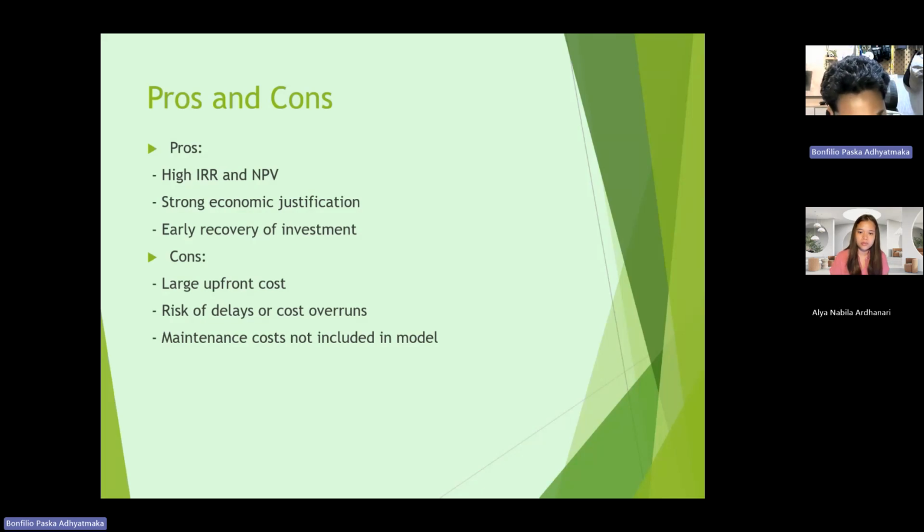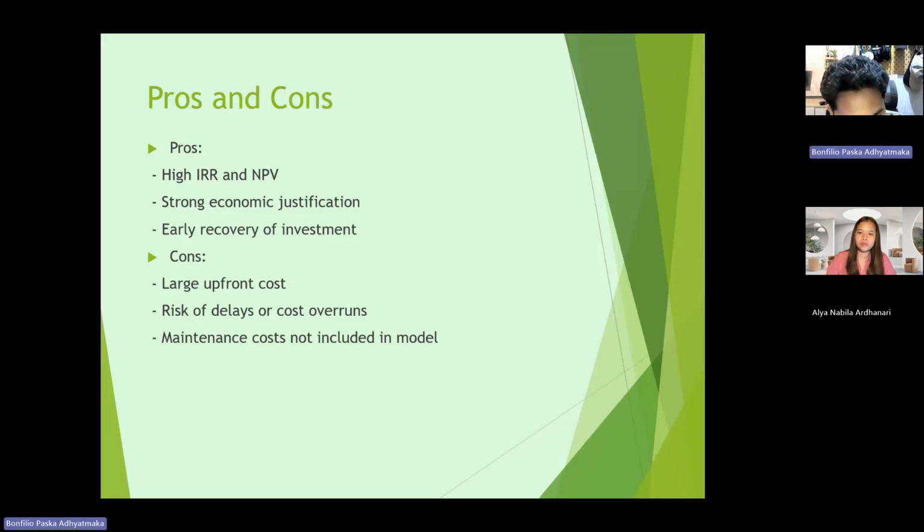Second, from an economic standpoint, it provides strong justification for public investment, especially in rural development. Third, the cash flow structure allows for early recovery of investment with significant inflow starting from year one, which is a good sign for both public and private stakeholders.